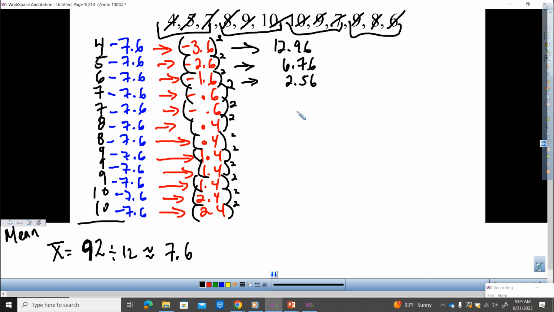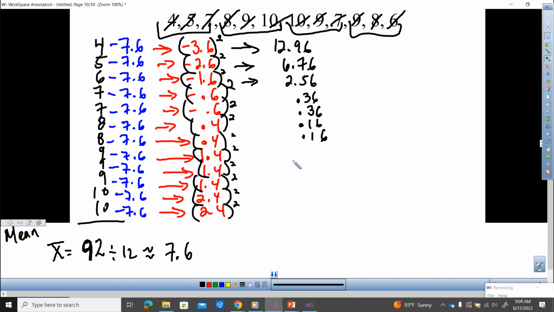Negative 0.6 squared, that's 0.36. 0.36 twice. 0.4 squared is 0.16 twice. Oh, sorry, 0.16.